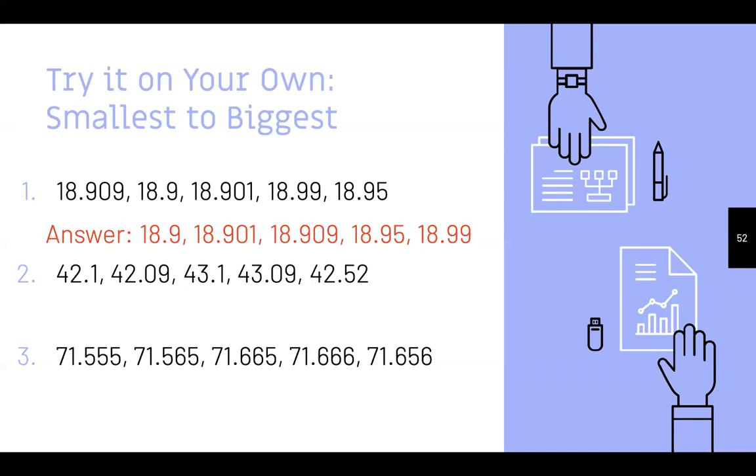And then 18.909 and 18.901 are the other two that have zeros there, but they have numbers in the thousands. So compare the 9 and the 1. 1 is smaller than 9, so place those two numbers. Then we're looking at 18.99 and 18.95. The 95 is smaller than the 99.